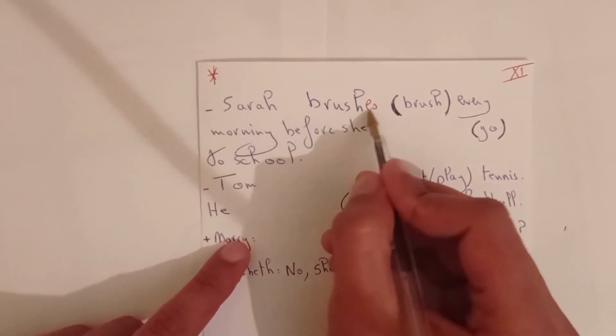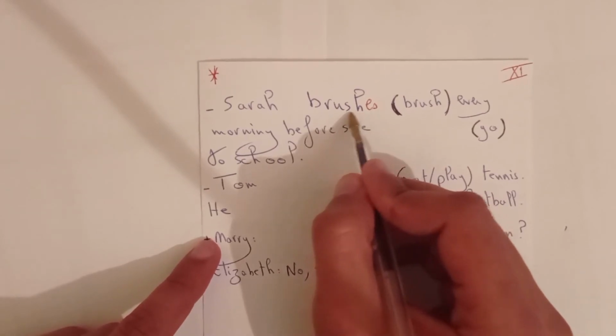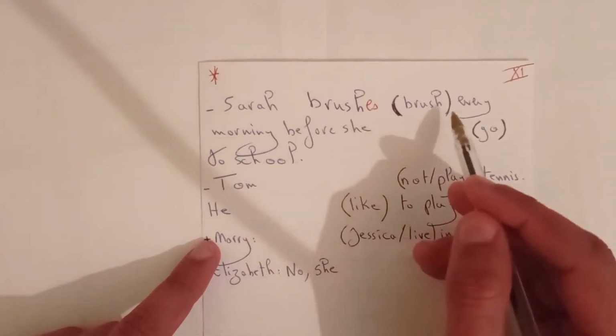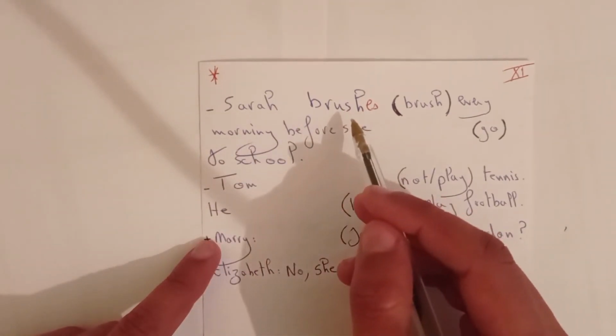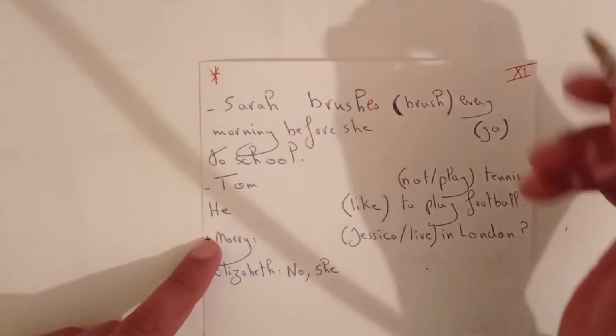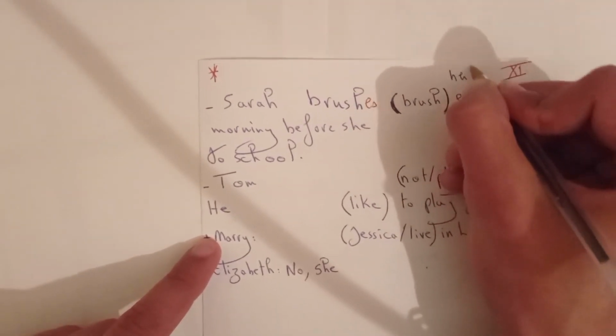She brushes. Es. Why es, not s? Because the verb here ends in sh. Brushes. Sarah brushes her hair. I'm sorry for this.